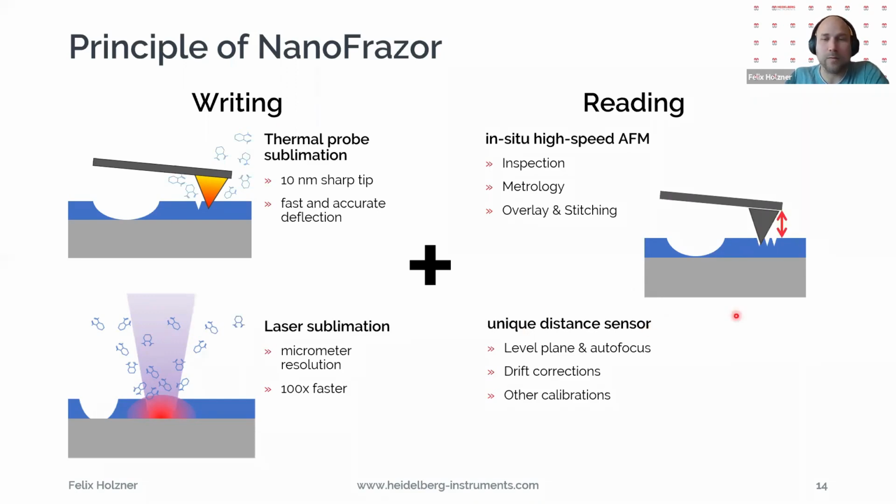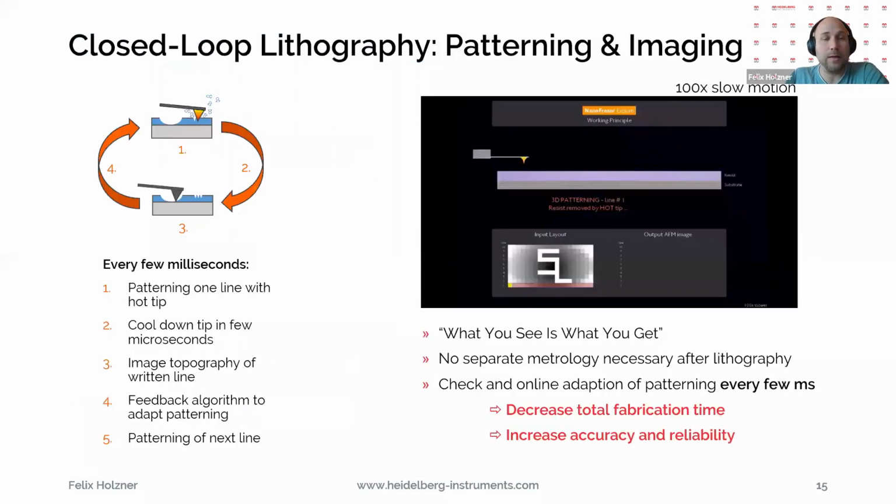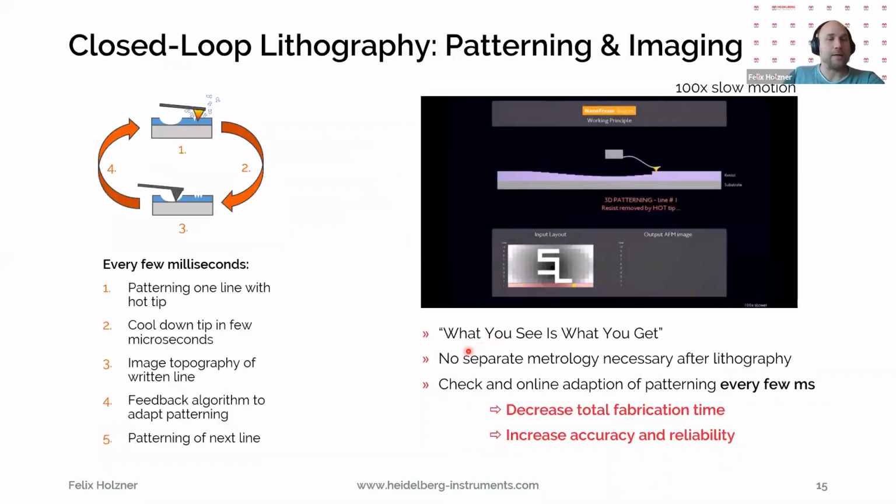And maybe just to mention, we have this integrated distance sensor in the cantilever, and we use it not only for AFM imaging, but also to do a lot of corrections and calibrations. But the user doesn't need to know about all these details of what's happening in the background of the machine. Having this in situ capability to measure topography allows us a concept we call closed loop lithography.